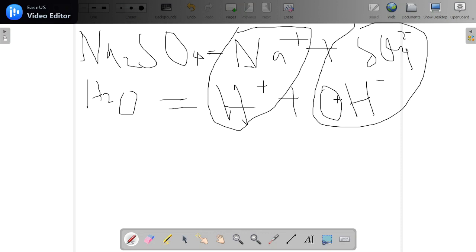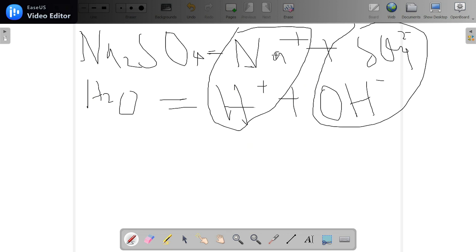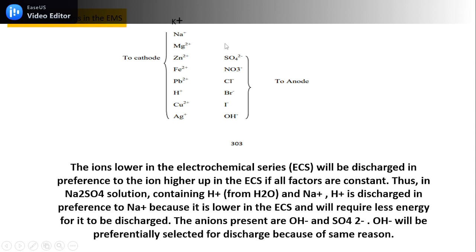So how do we determine that? There are several factors, and one of them is this. It states that the ions lower in the electrochemical series will be discharged. So when we look at sodium and hydrogen and trace their ions back to this side, we find that sodium is higher up in the electrochemical series than hydrogen.